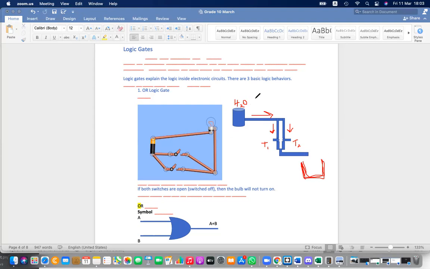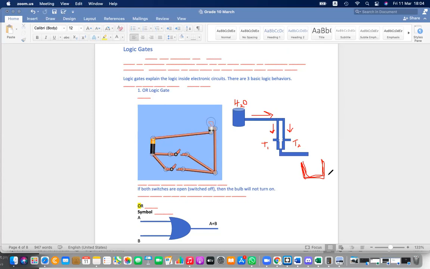Think about this structure. Now tell me, which tap do you want to open in order to fill the bucket? Tap 2. Only tap 2. So what about tap 1? If we open tap 1, it will waste.